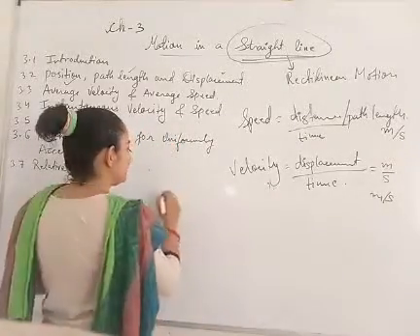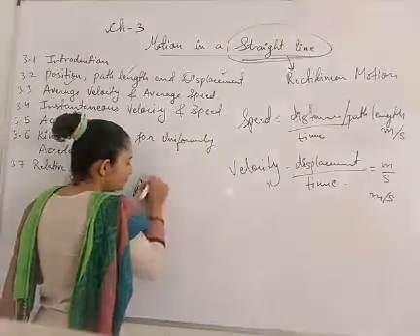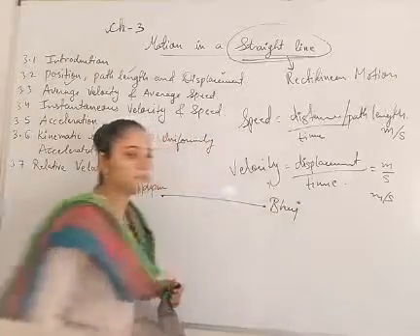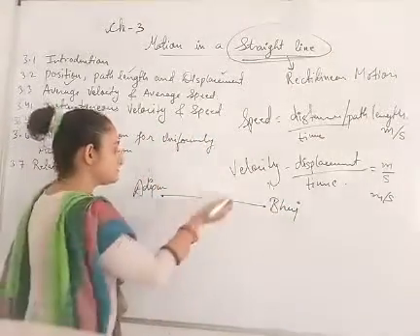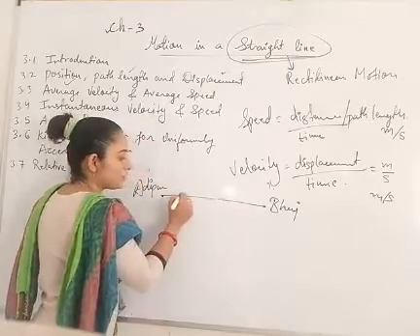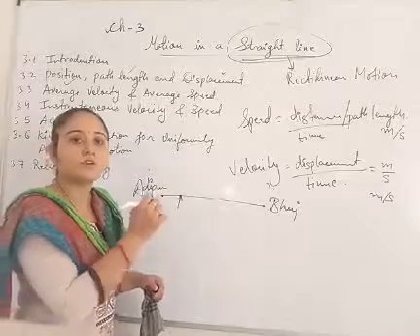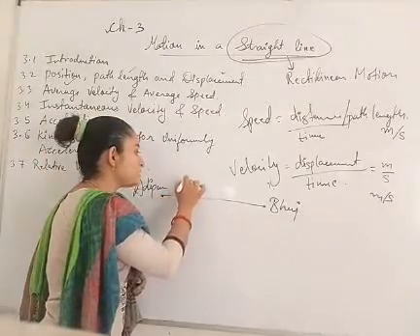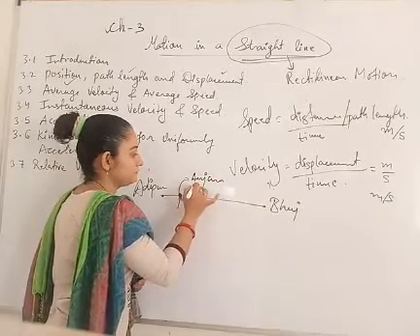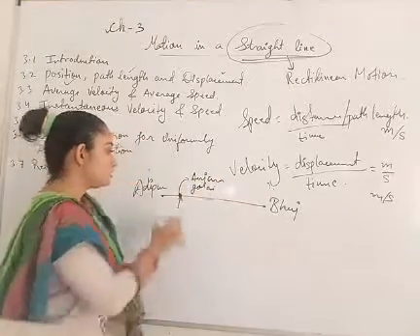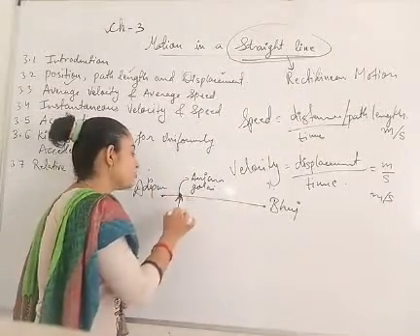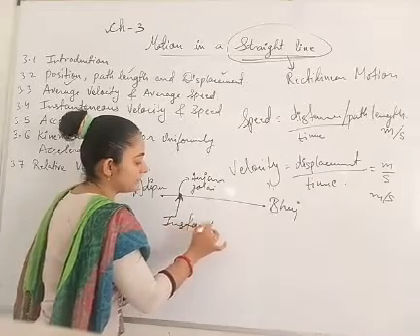You are traveling from Adipur to Bhuj, which is a distance of 50 kilometers. If you want to know what your speed or velocity was at this point, say Anjar Gate line, that is your instantaneous velocity.